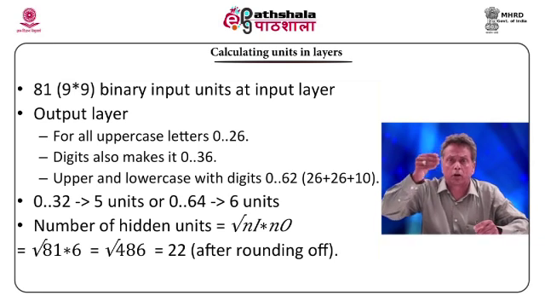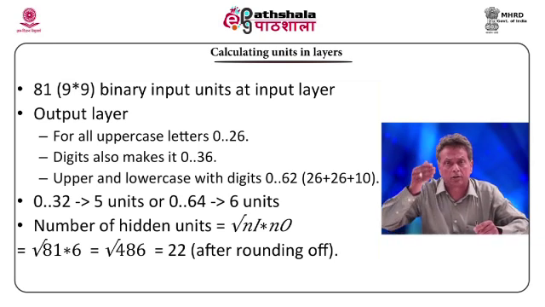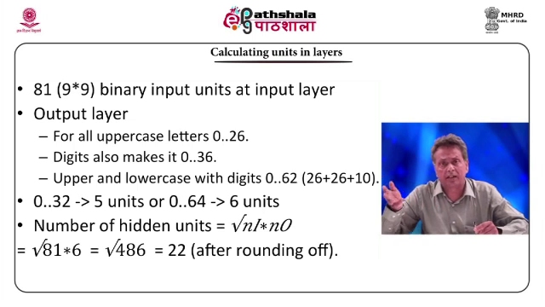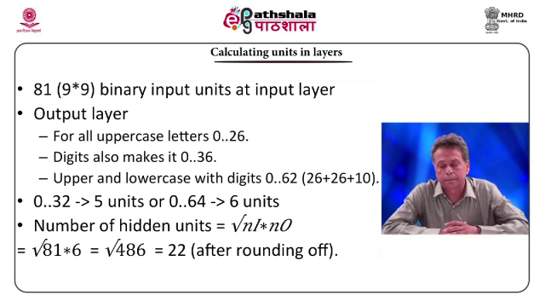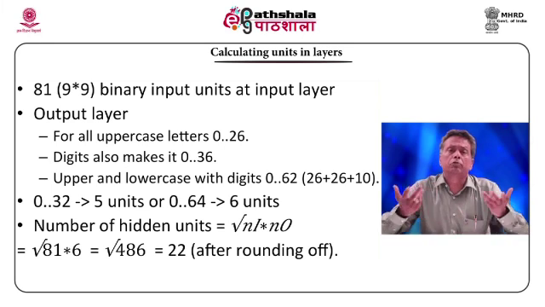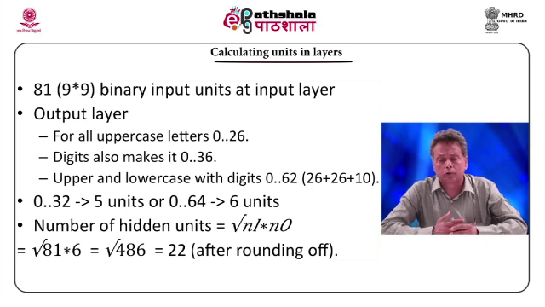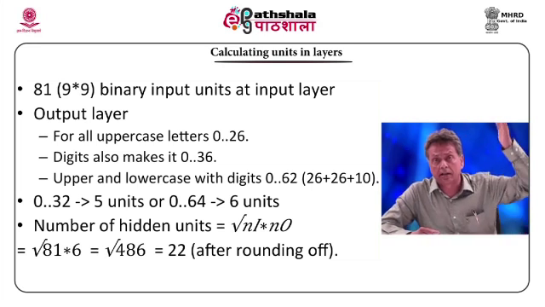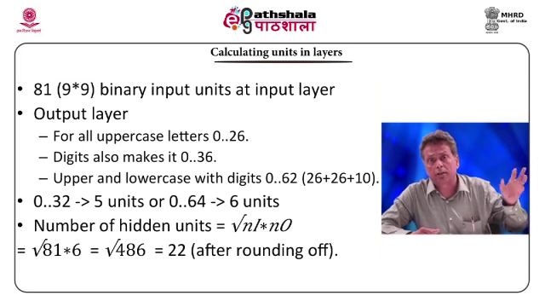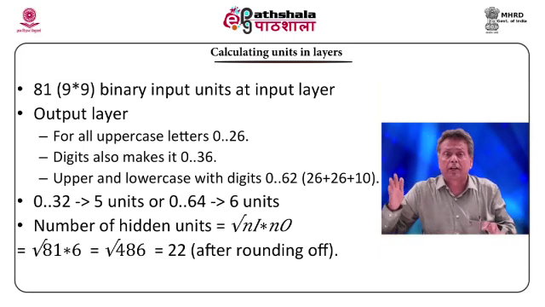For example, all zeros will be A, all zeros but the last one is B, and all zeros but the fourth one is C, and so on. So you have those values differentiated that way. If you want more, you can even add one more. With 6 units, you can have a total of 64 possible outputs. Based on this, we decide the number of output units. In this case, 81 input units, because it's a 9 into 9 matrix, and the output units will be 5 or 6.